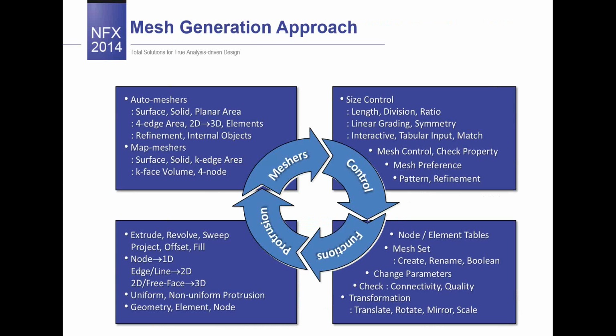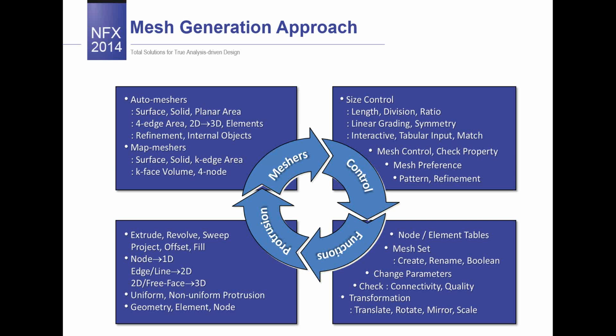Okay, so similar to the geometry tools, we have access to advanced mesh modeling tools, and now I'm talking about the manual mesh creation process. We can create all types of elements starting from node and ending with solid element. Using this group of tools, we can control the size of the mesh using several control methods like, for example, length, division ratio, and symmetrical distribution for the mesh seeding.